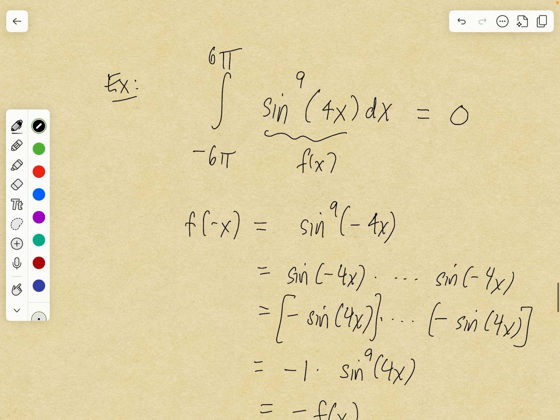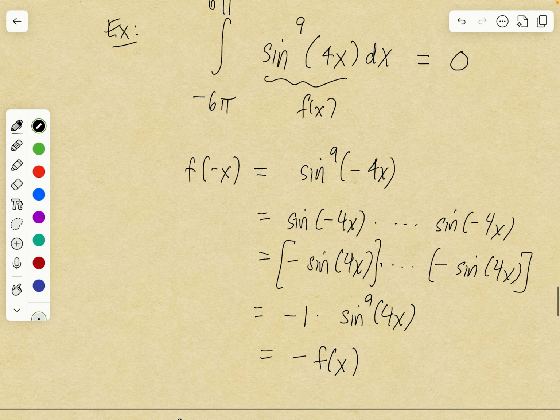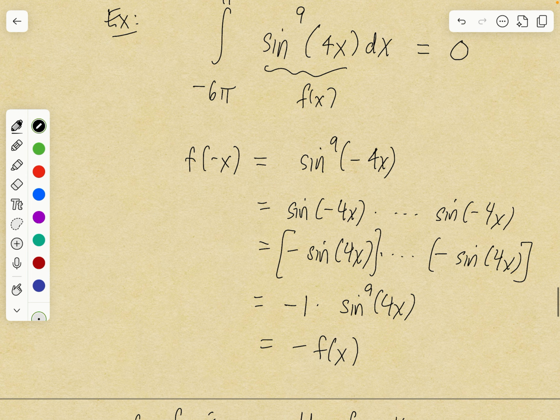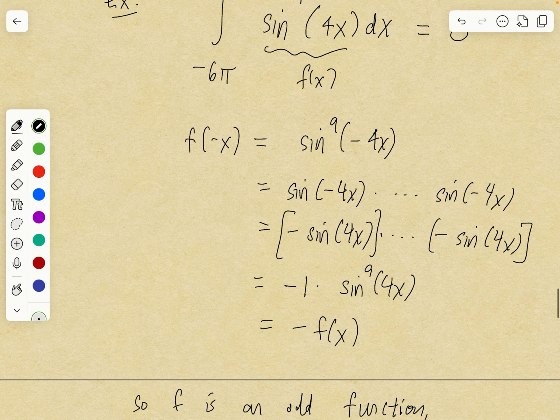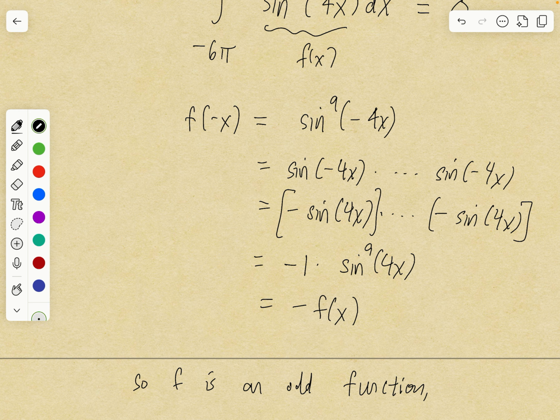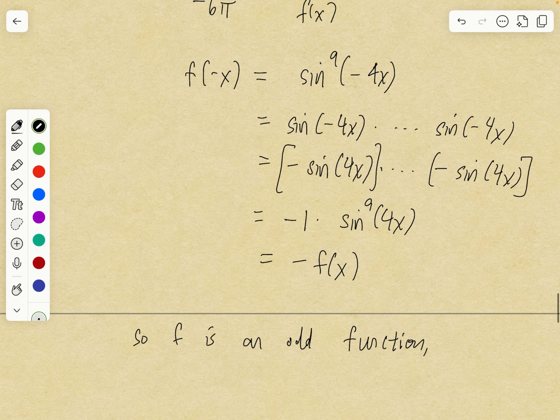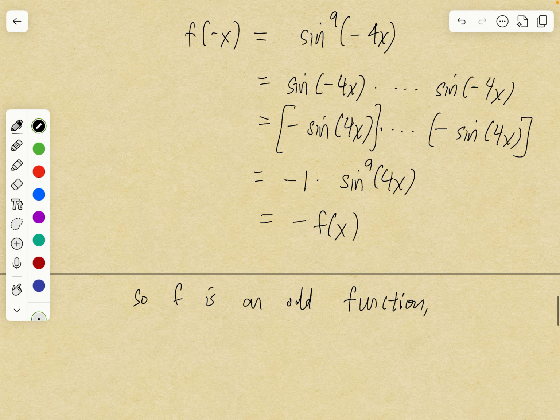Okay, do we understand why sine to the 9th power of 4x is an odd function? Because if you plug in negative x, you get sine to the 9th of negative 4x. So that's 9 sine negative 4x's being multiplied by itself, and then sine of negative 4x is negative sine 4x because sine is an odd function.